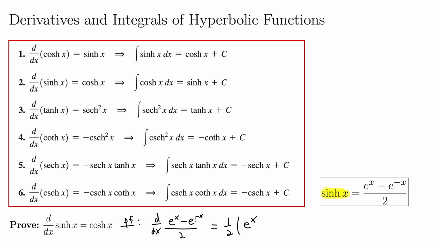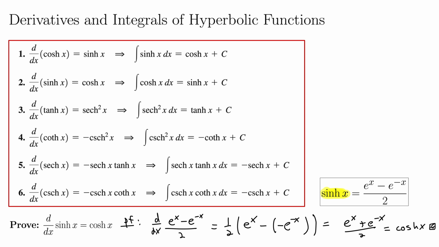The derivative of e to the minus x is minus e to the minus x, but then there's a minus in front, so we could write this as plus e to the minus x. And that rounds us out nicely. We are indeed left with e to the x plus e to the minus x, all over 2, which is indeed cosh x, completing the proof.